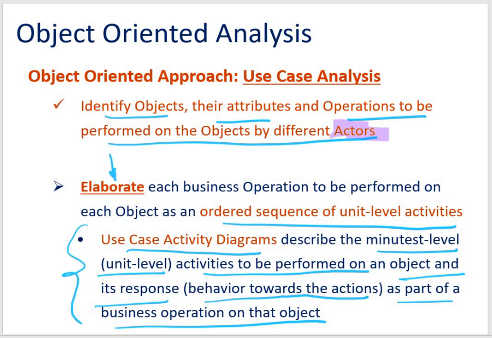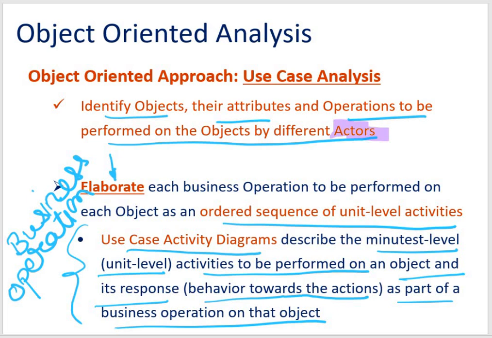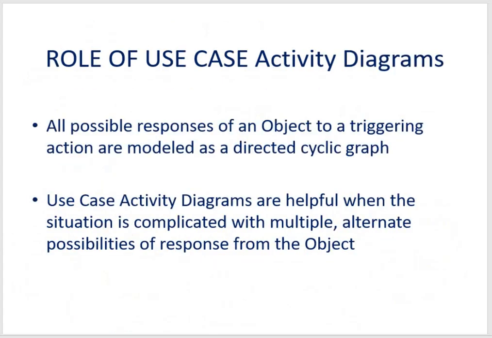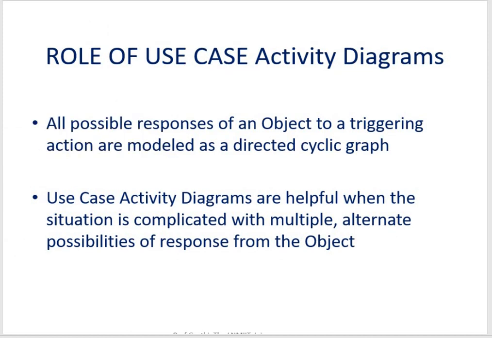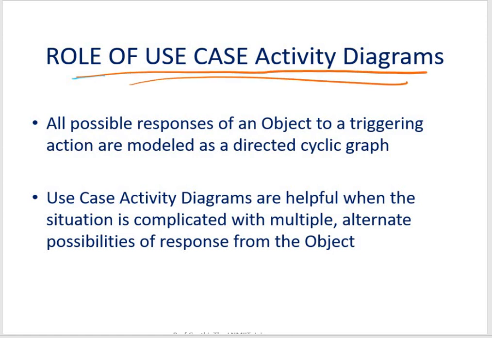So your use case activity diagrams describe the unit level activities to be performed on an object, and in its response the behavior towards the actions as a part of the business operation on that object. This is nothing but the entire business operation which is taking place.